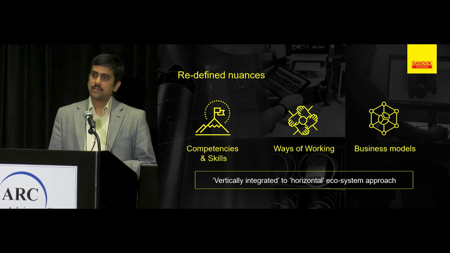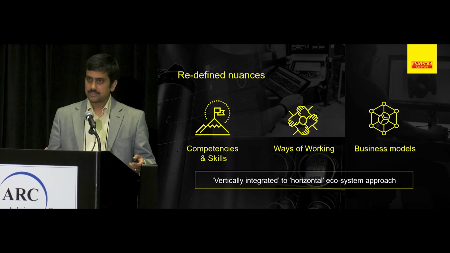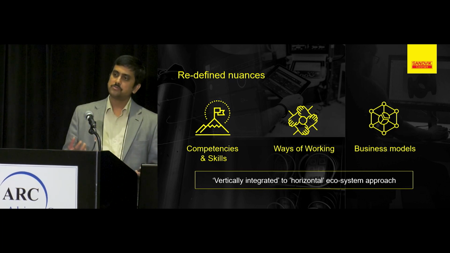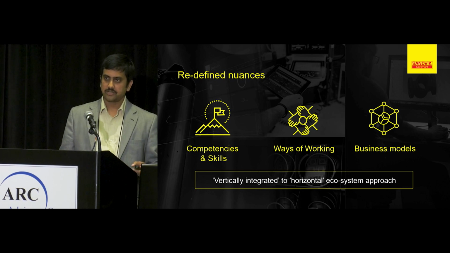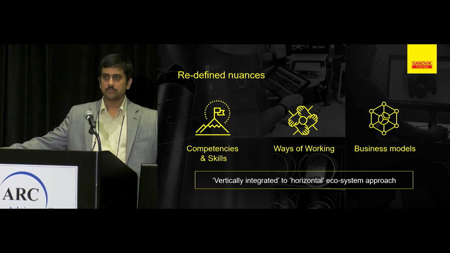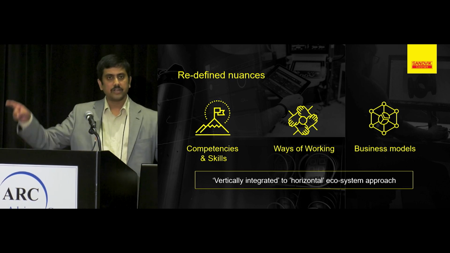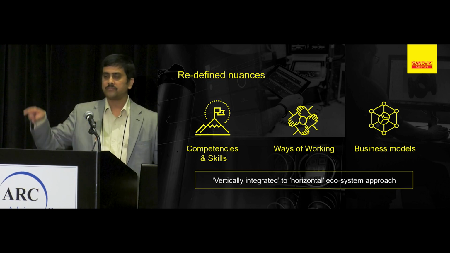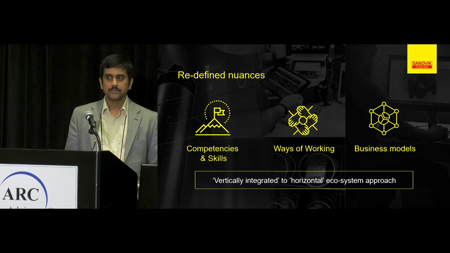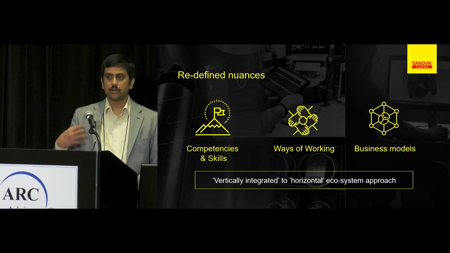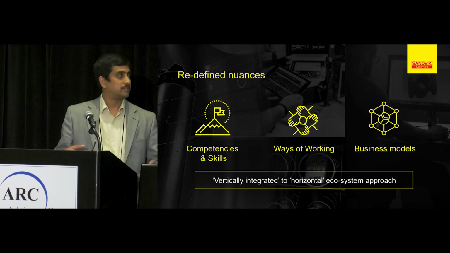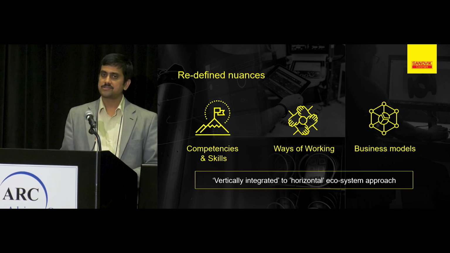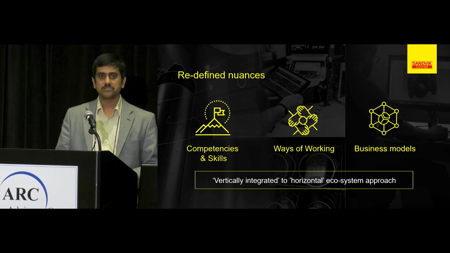So it's quite a few things which come together. It's about how you think in terms of how you want to create your digital transformation. It's not a linear process anymore. It's about a circular way of doing things. It's about mashing up of the values across the value chain. It's about how you create an organization which supports this in the ways of working, and the competencies and the skills and the business models that you create.